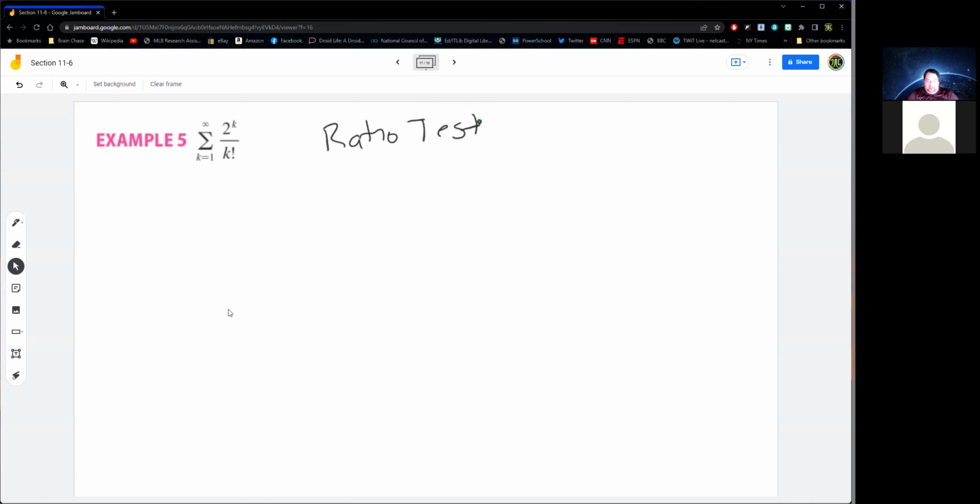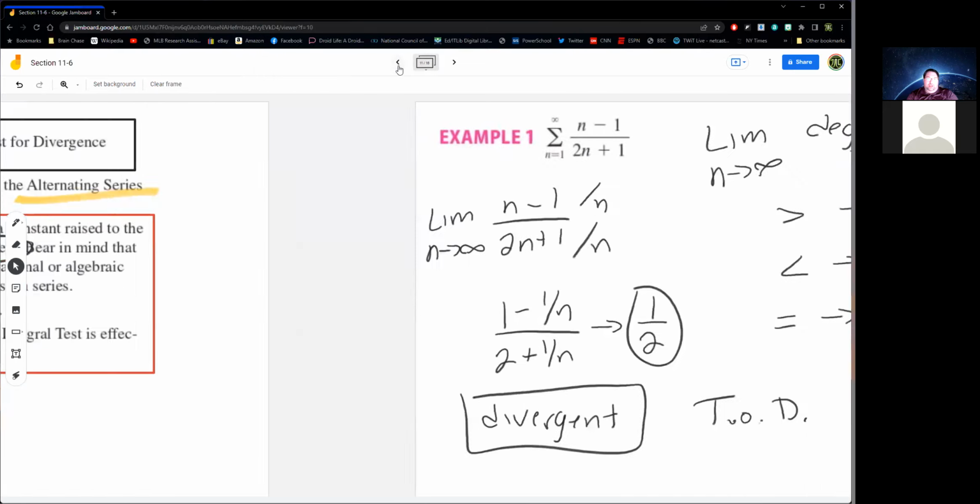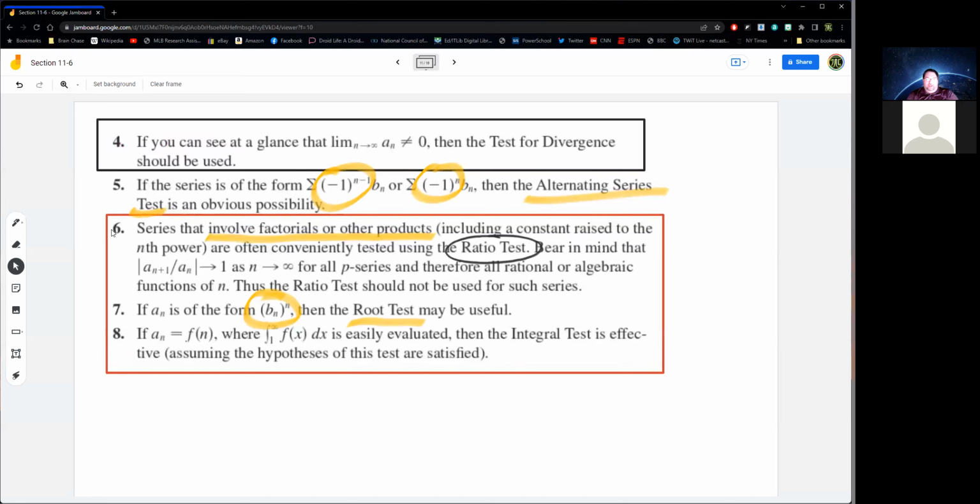So if we look back here, basically anything that involves factorials and other products, use the ratio test. Nothing before this point in the process has anything with factorials on it. So whenever you see factorials, the ratio test is probably going to be your easiest one to deal with.